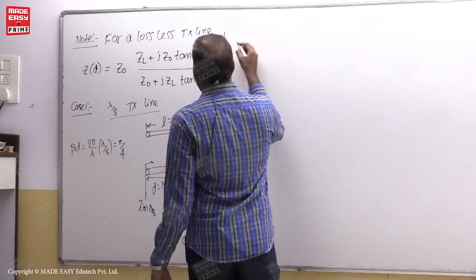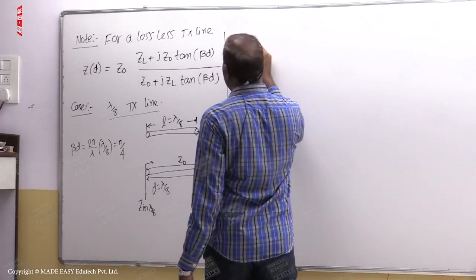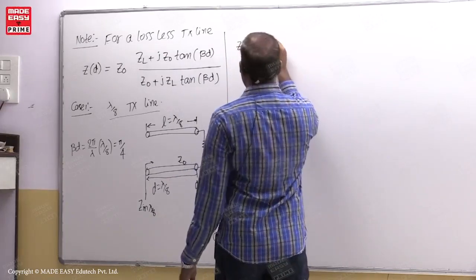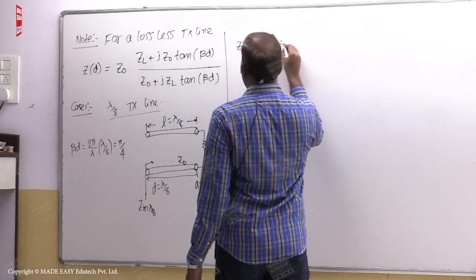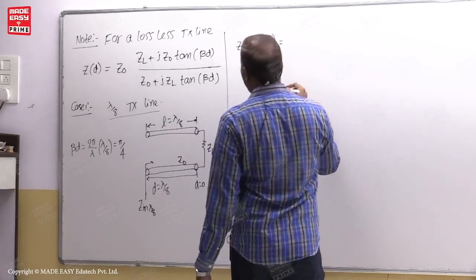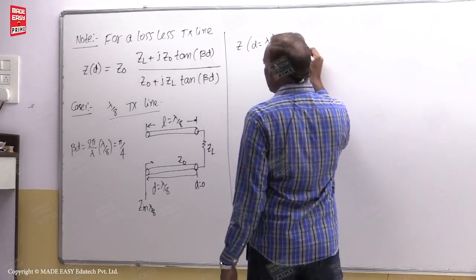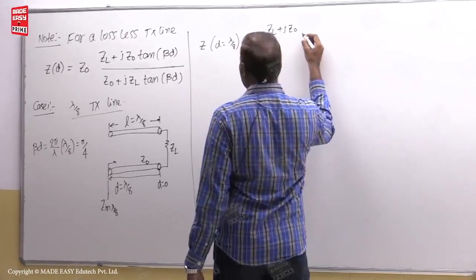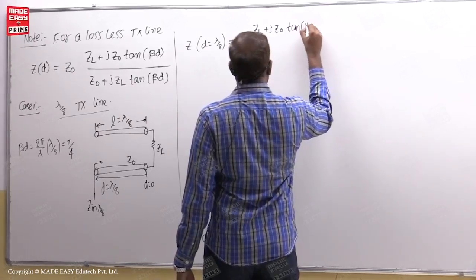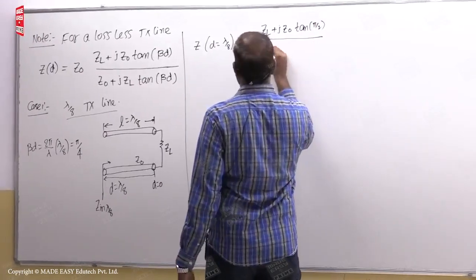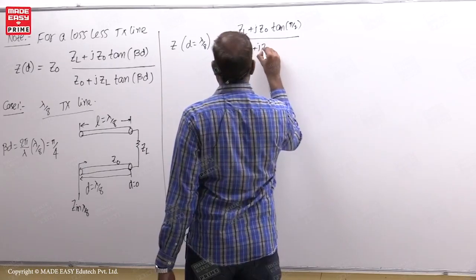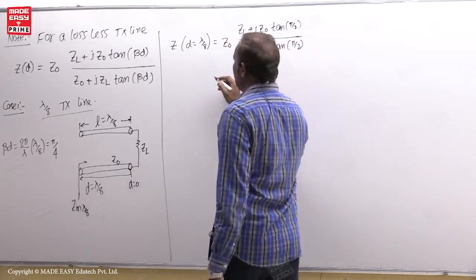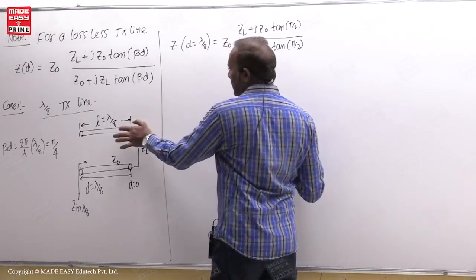Now if you substitute d equal to the total length, which is lambda by 8, then you get the input impedance. So Z0 (ZL plus jZ0 tan π by 4) divided by (Z0 plus jZL tan π by 4).